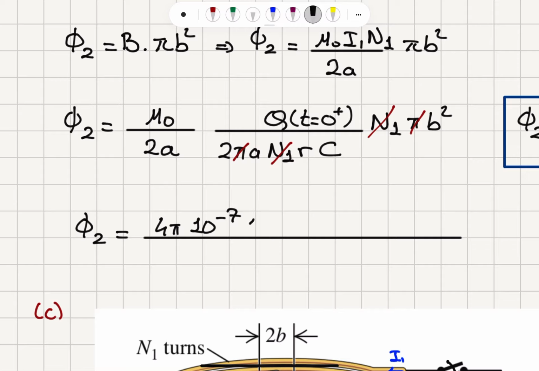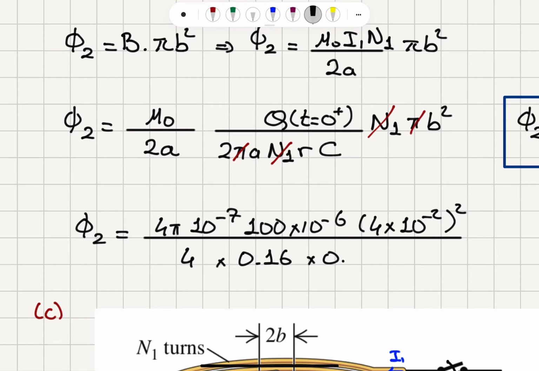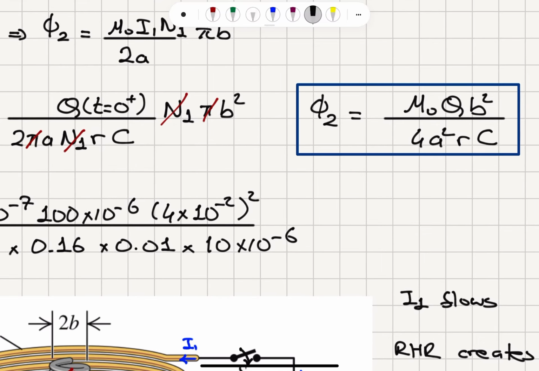The charge is 100 microcoulombs. b squared, so that's 4 centimeters, 4 times 10 to the minus 2 meters, squared. Then I have 4A squared, 4 times 0.16, 0.4 meters was A, resistance per length 0.01 ohm per meter, and the capacitance 10 microfarads, 10 times 10 to the minus 6.